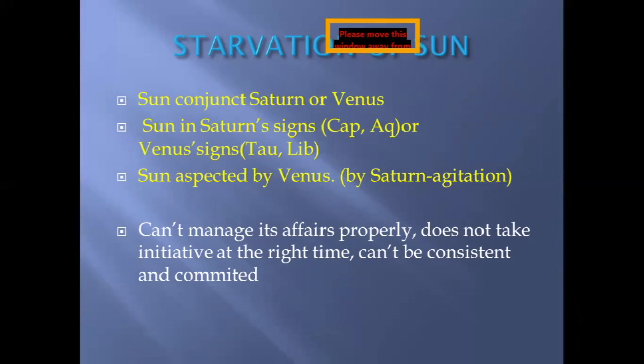Okay, when it's aspected by Saturn, it's going to be agitation because Saturn is a malefic and an enemy as well. Okay, so what will happen when the Sun is starved? It won't be able to manage its affairs properly. It will not take initiative at the right time, and it will not be consistent or committed.